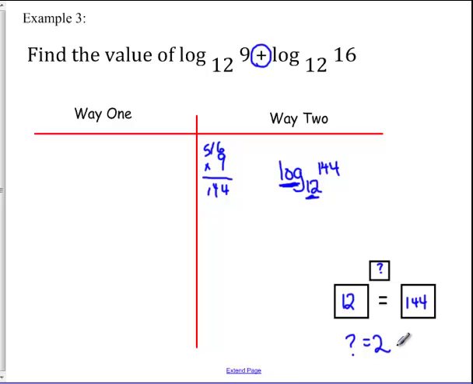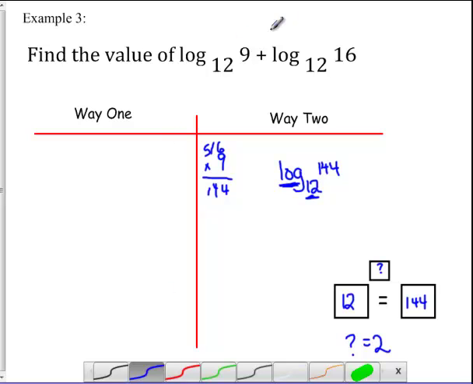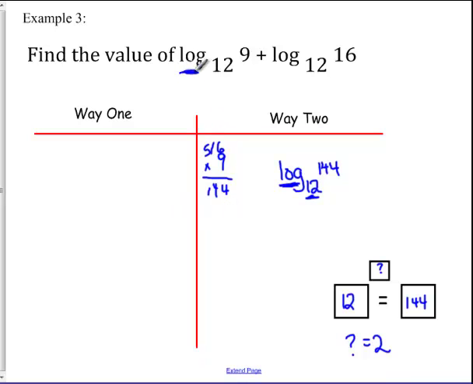But look, if you did this on way 1. What if you did not change it back into a real world problem? What if you kept it like this? What is the exponent of 12 that gets you 9? Ooh, so 12 to what power gets me 9?